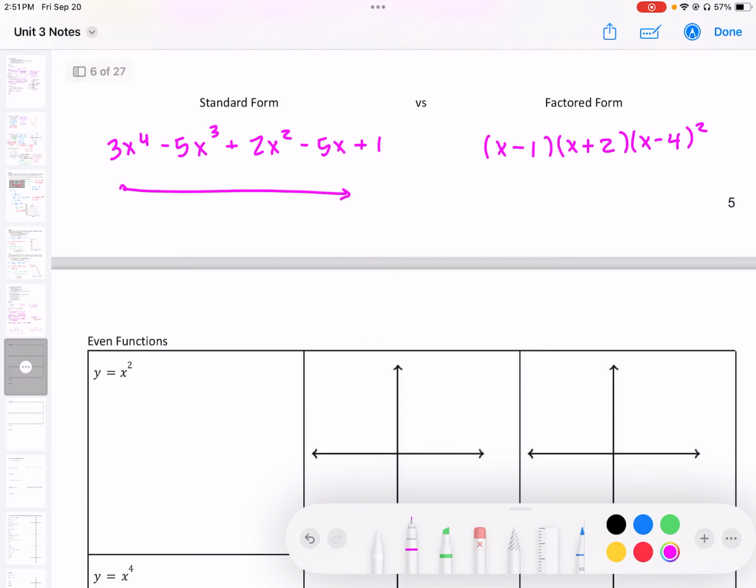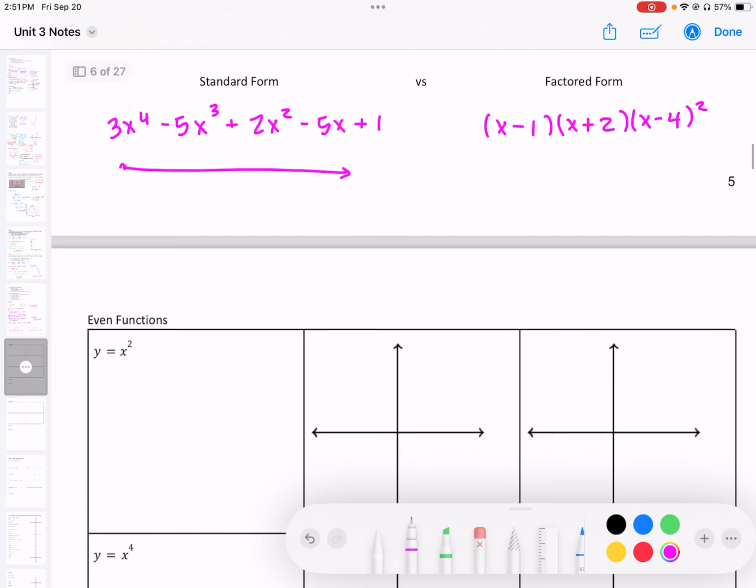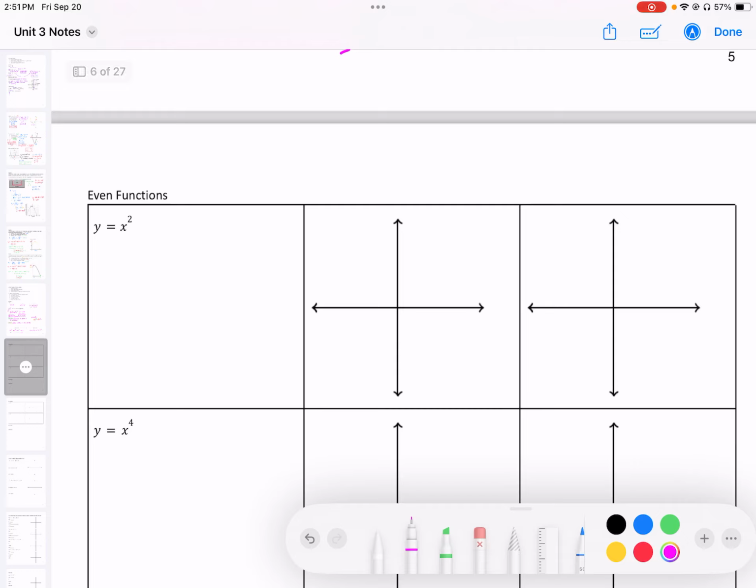There are the even powers and the odd powers. So let me show you what those are going to look like. So we're used to seeing quadratics. So a quadratic will look something like this if it's positive, and it'll look something like this if it's negative. Pretty straightforward.